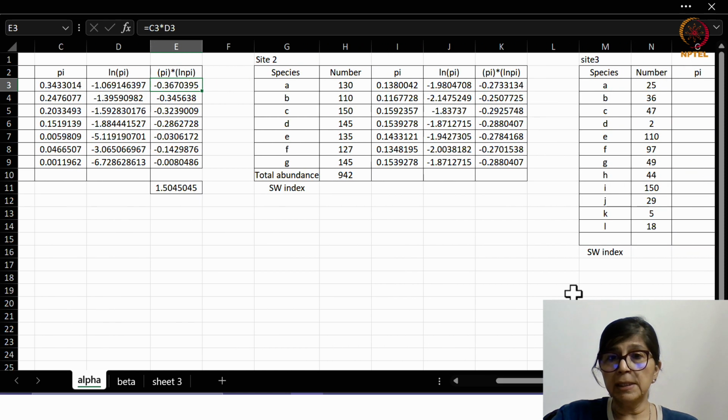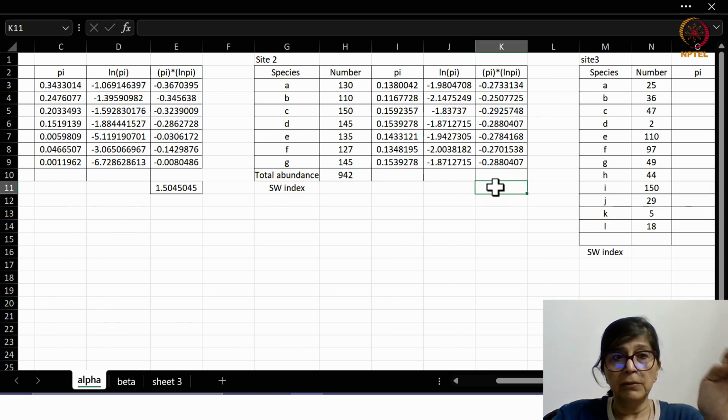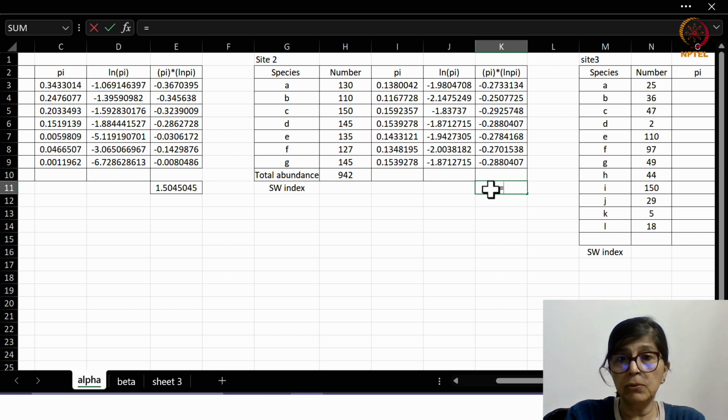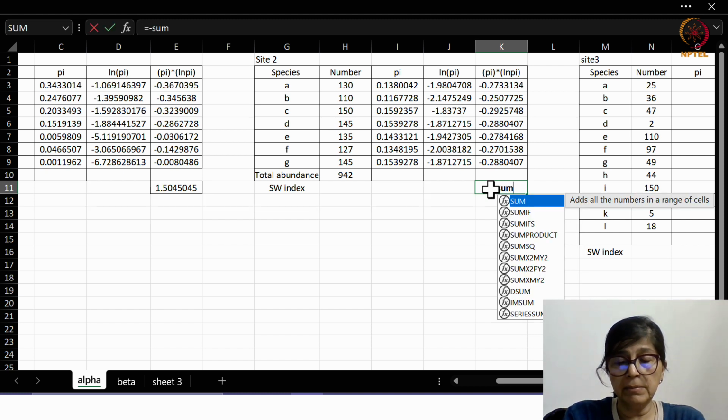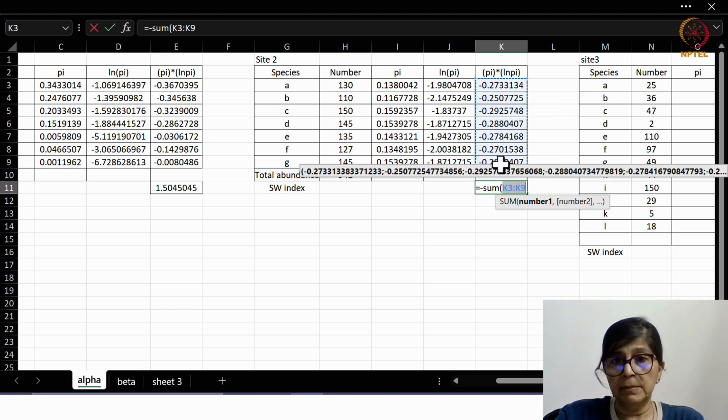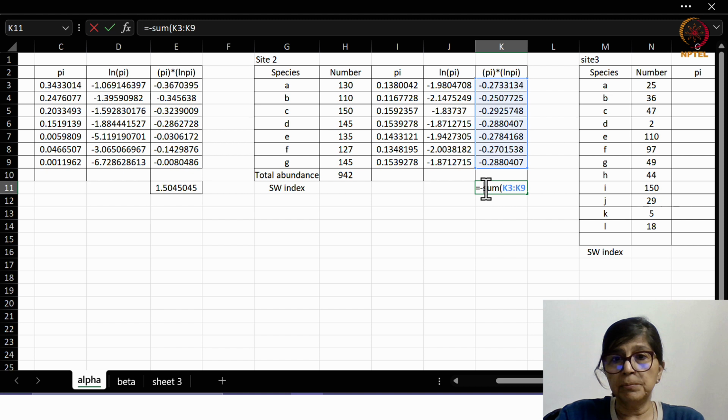Now let's do the same thing. The formula which was negative, you can see negative of the sum of this column. Okay, so equals negative sum of this column. I have to put another bracket here.